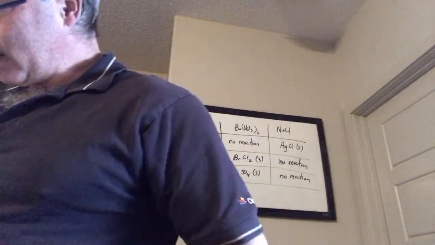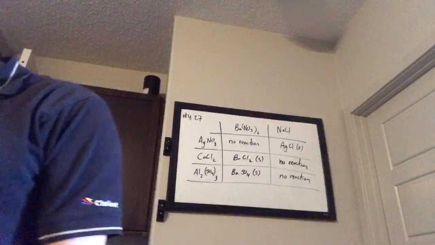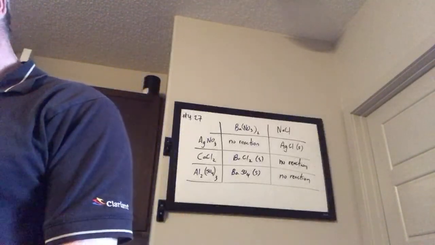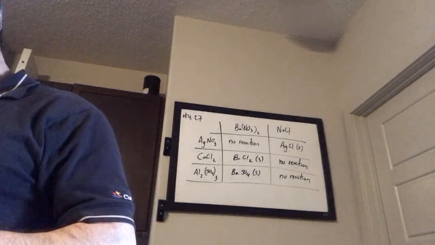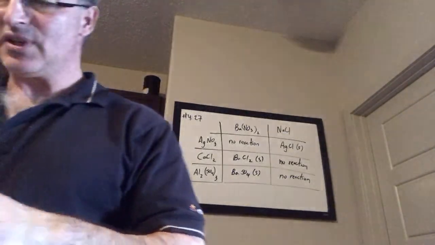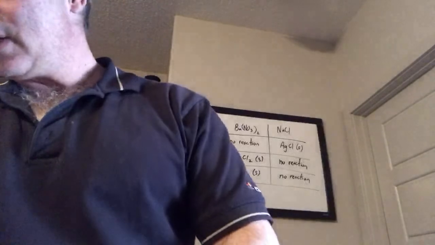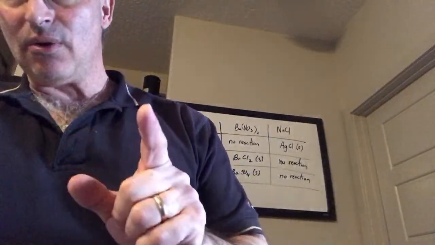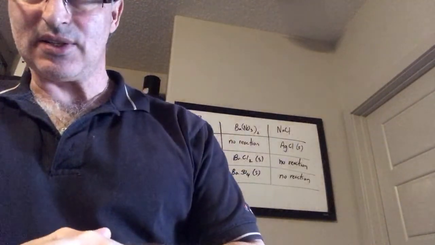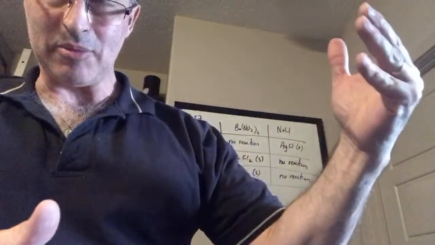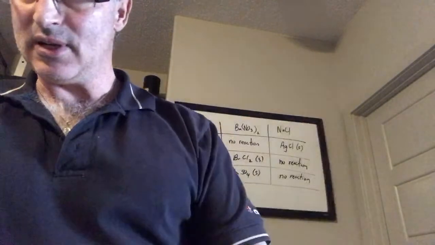You could try 26 for homework, because it has a similar setup. You can make a little table and predict which one will produce precipitates. But of course, to do that, you need to have a solubility table. I know I have a solubility table in one of the playlists, so it's on the board as a note. You can copy that note from solubility rules.